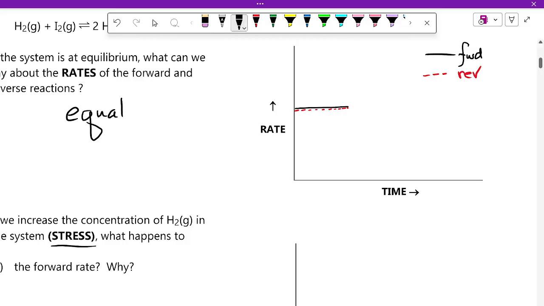Now our stress, we're going to increase the concentration of H2. That's going to be our stress.